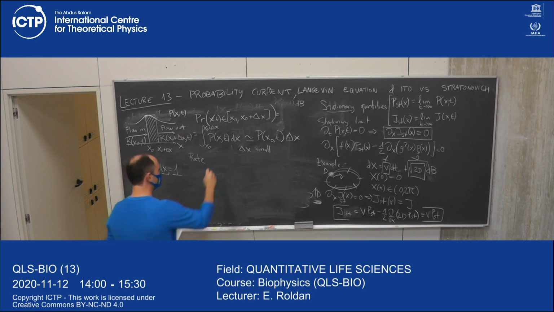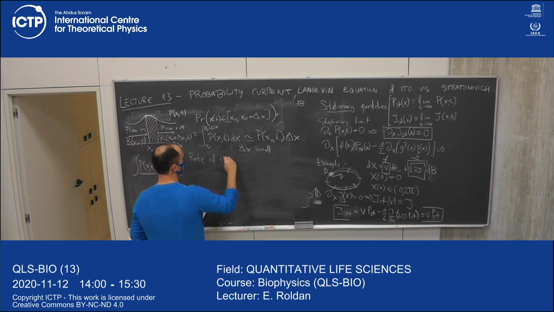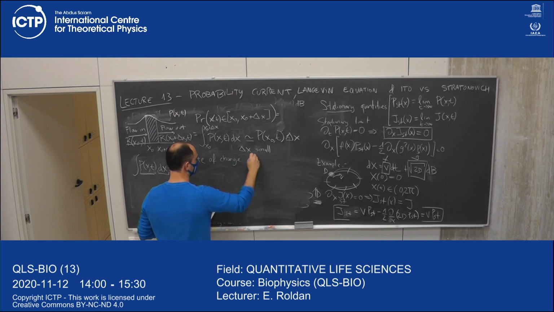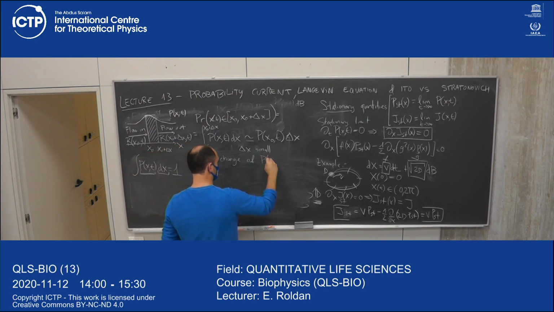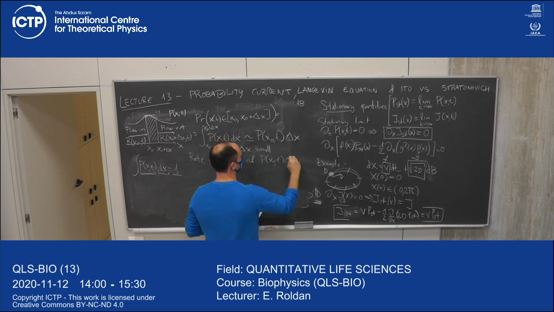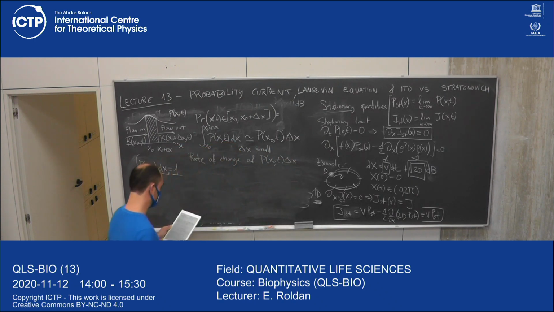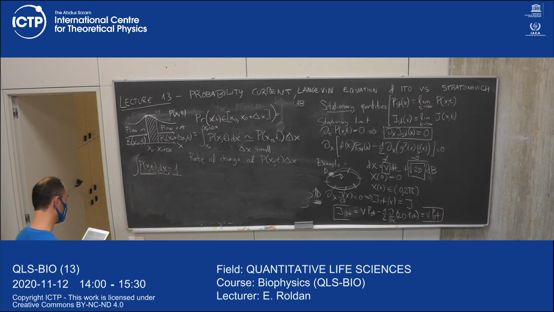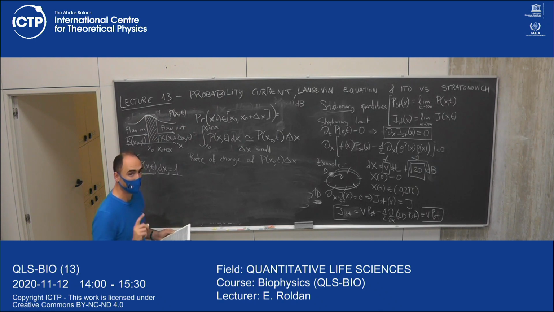So the rate of change of this probability, p(x0,t) delta x, is the difference between the probability flowing into the interval minus the probability flowing out of it.